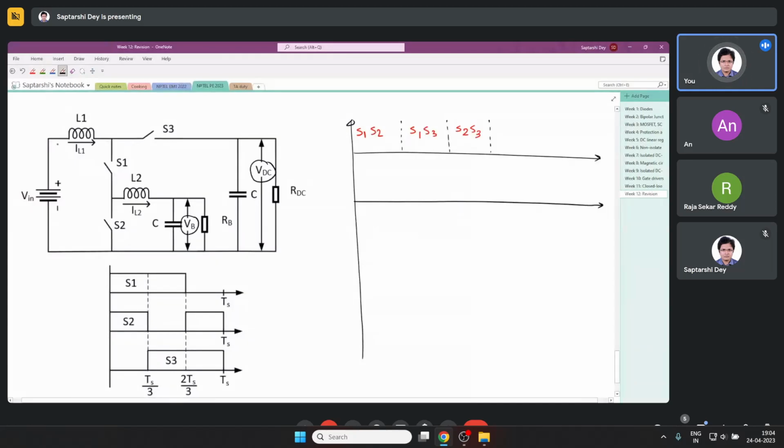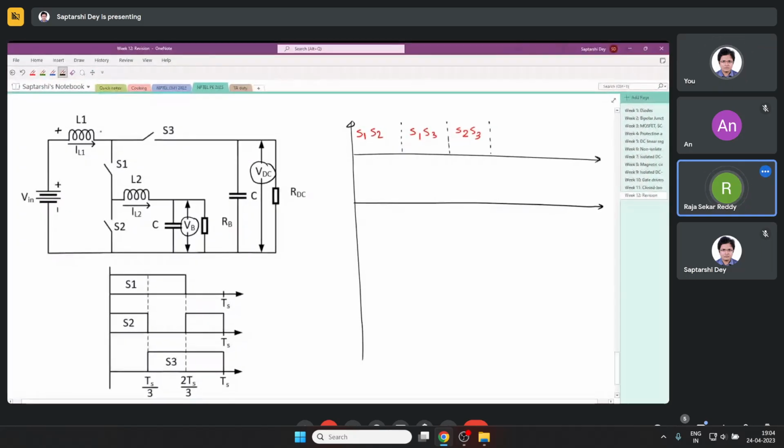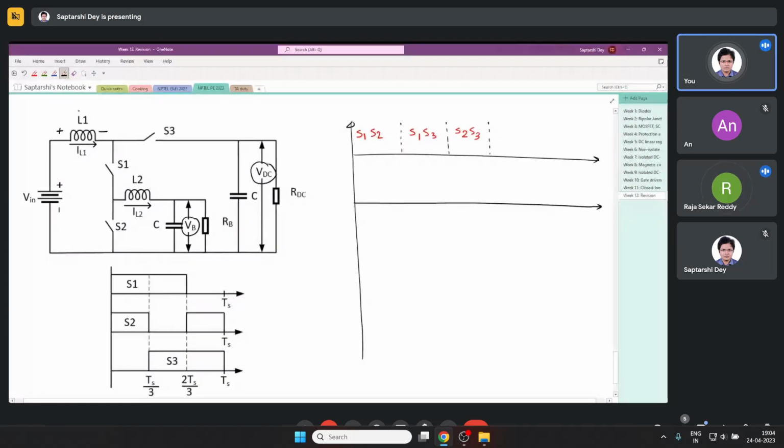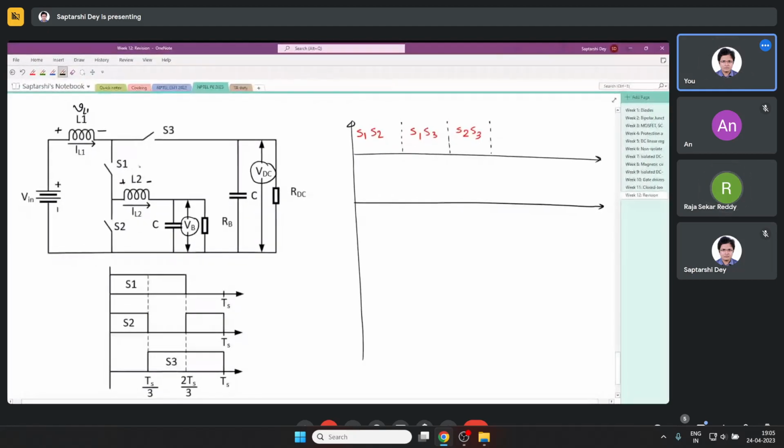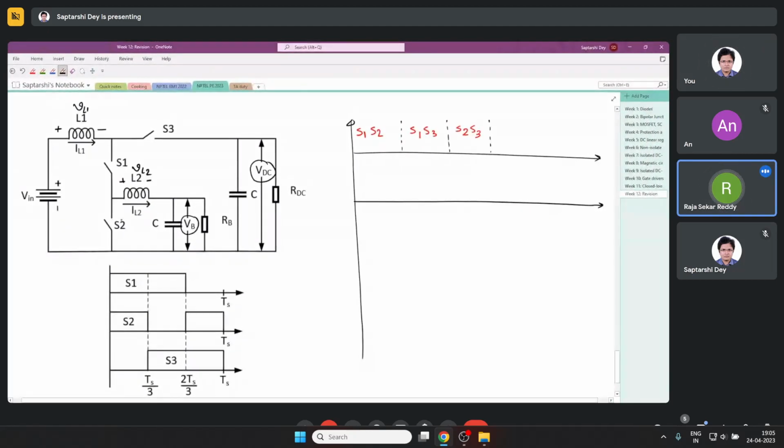Why? Because at the end we will apply the volt-second balance on the inductor. So let us take this as VL1, this as VL2.